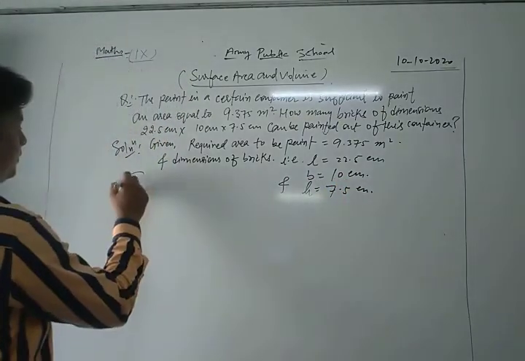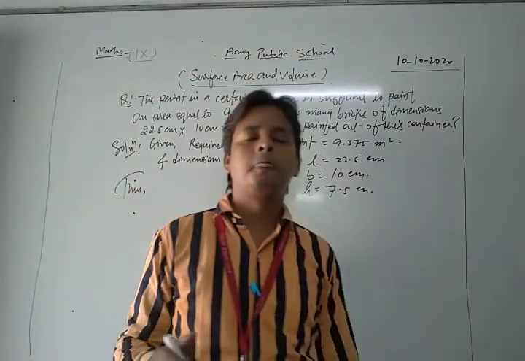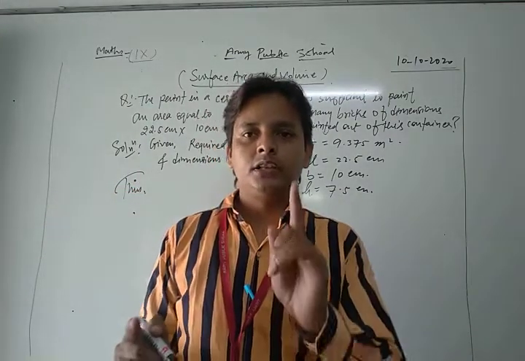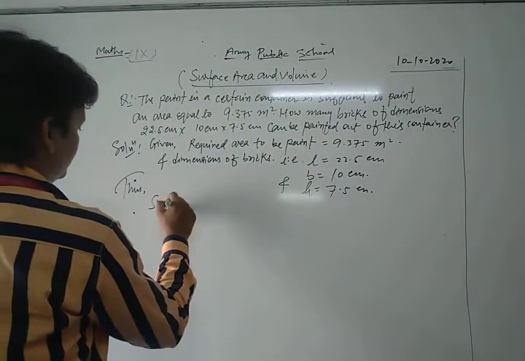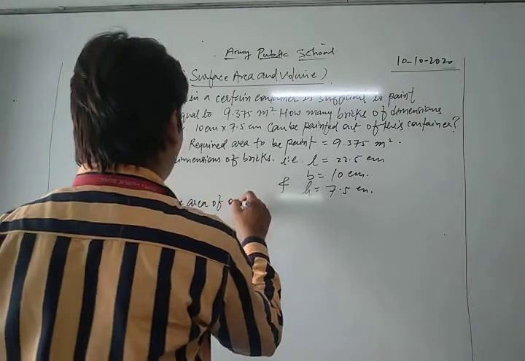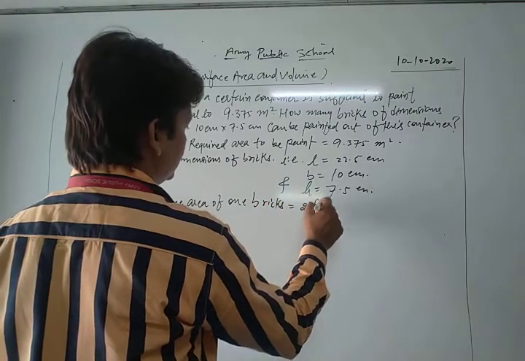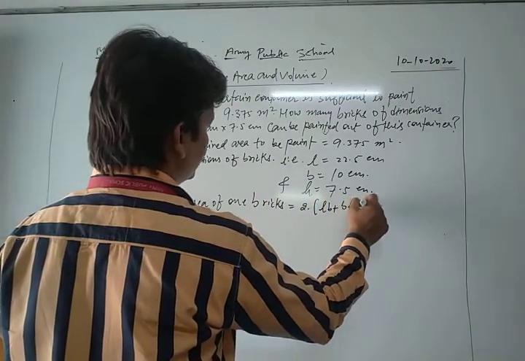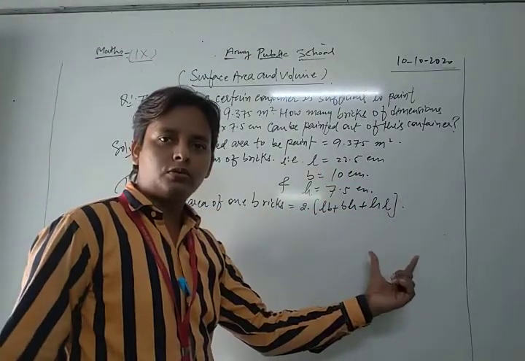Thus first of all we find the surface area of one brick. Surface area of one brick is equal to 2 times (L into B plus B into H plus H into L). Now we put all the values and simplify it.